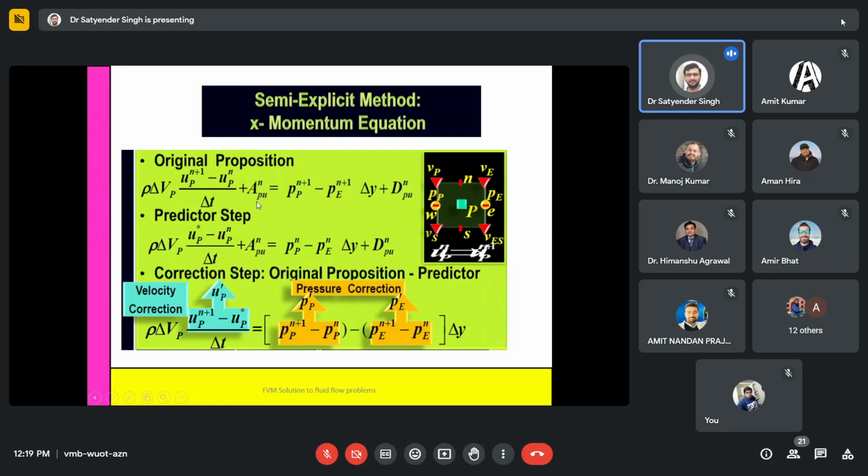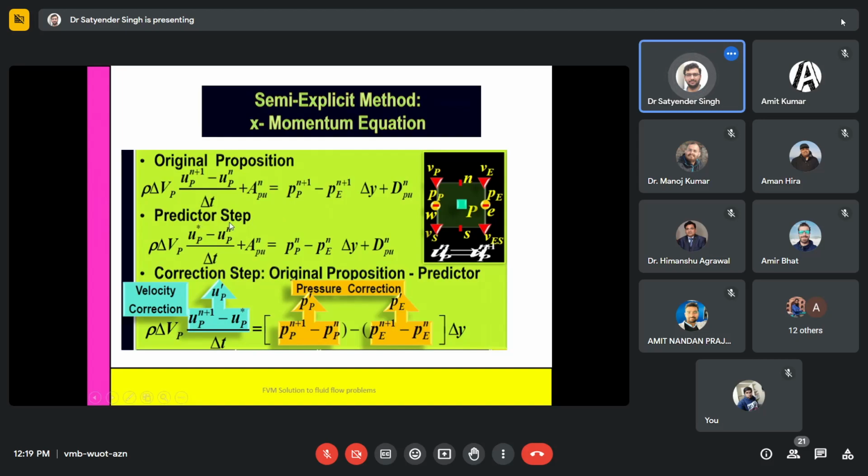And in advection there will be v velocity, and in diffusion we will have the reference of the values at the initial level. So what we do in the semi-implicit method for pressure linking equations, which is a simple algorithm as well, we follow one step: predictor step and corrector step.